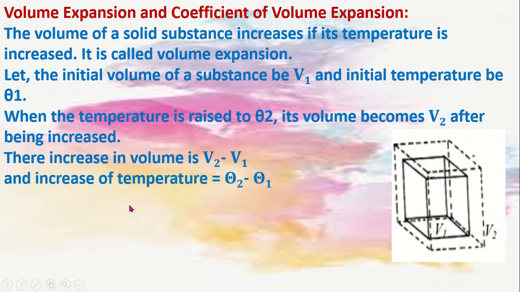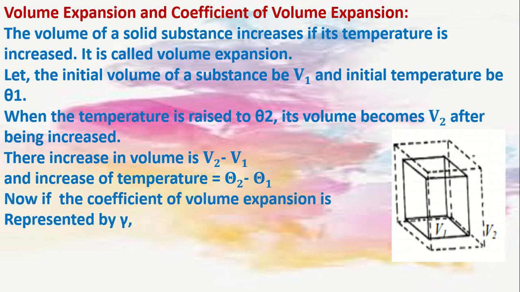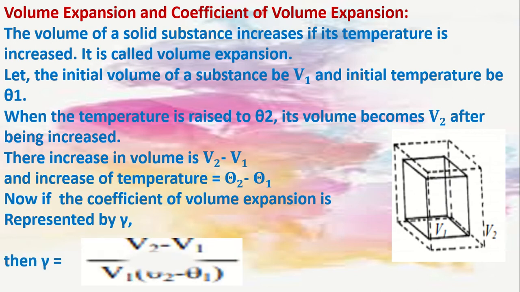So the coefficient of volume expansion, if you denote it by gamma, then gamma equal to V2 minus V1 divided by V1 into theta 2 minus theta 1. That means increase in volume divided by initial volume into increase in temperature, and its unit also will be per Kelvin like the previous one.